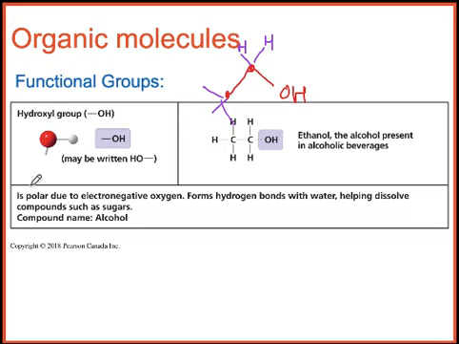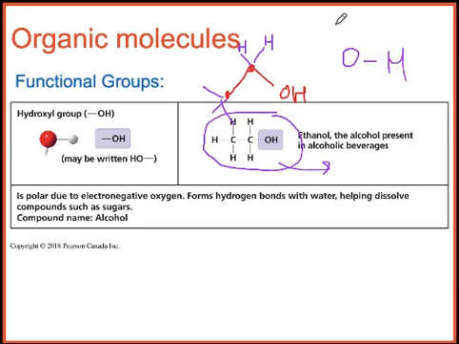This molecule here is in an amazing little glass of wine called ethanol, right? So it's the alcohol that's present in alcoholic beverages, okay? It is polar due to electronegative oxygen, okay? Look at this OH. Remember the OH? This is why we talked about bonds, right?